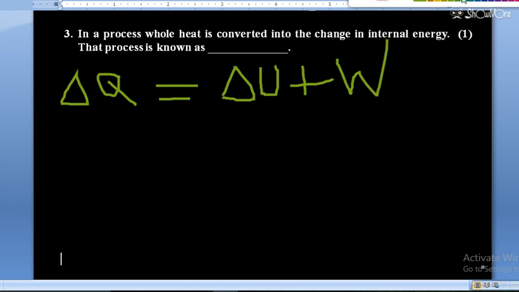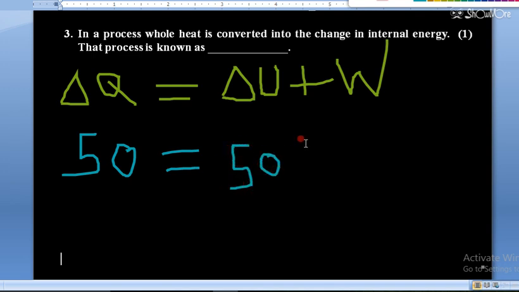During this process, he is saying whole heat, let's suppose if I provide 50 joule of heat to the system, then this 50 joule is converted into internal energy. That means work done for this process is 0.